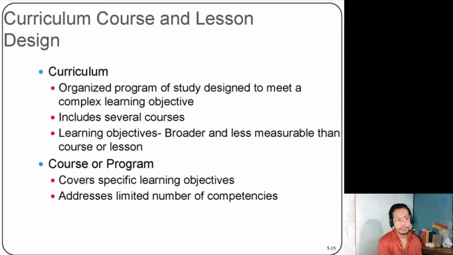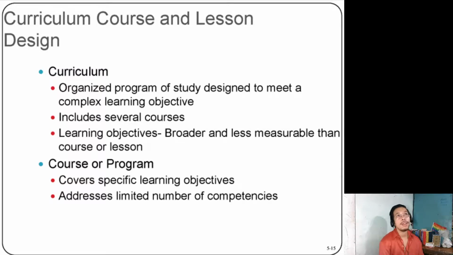And here, the course or the program is not referring to the course, right? What's your course? My course is BS Psychology, right? But in the context of training and development, the course or the program here is referring to the specific subject.